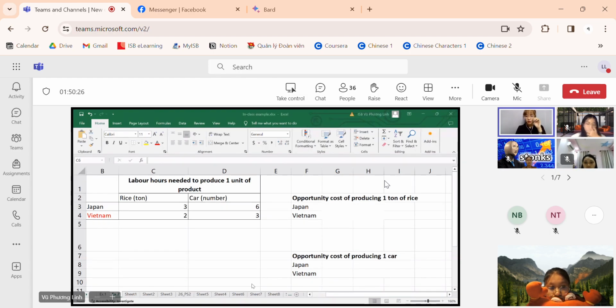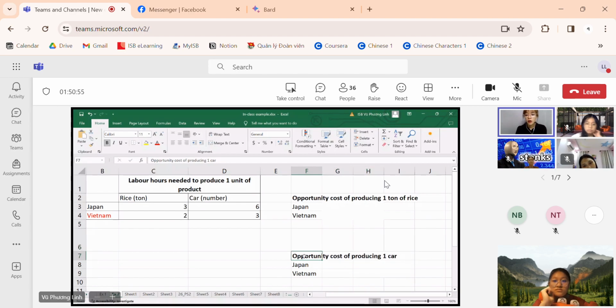Can anyone tell me your answer here for the opportunity cost calculation? Previously, we did 6 divided by 3. Okay, let's answer the question together. Let's look at the second one first, because I think it's easier for you.